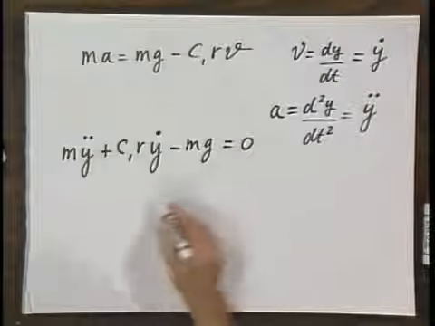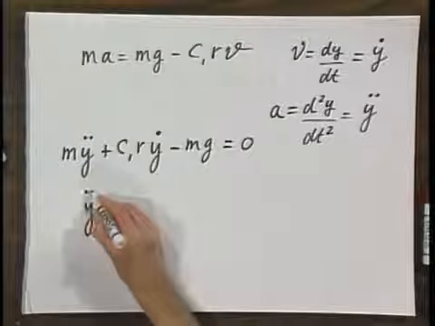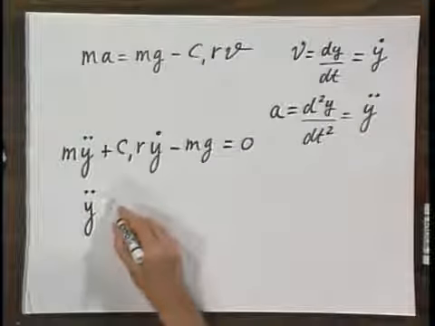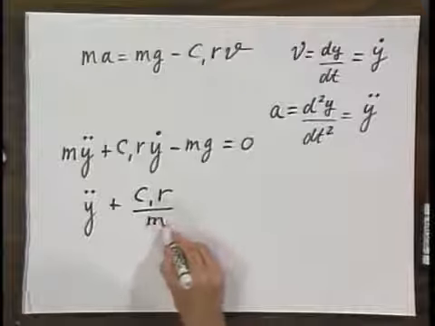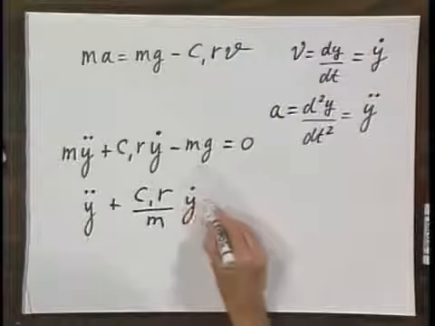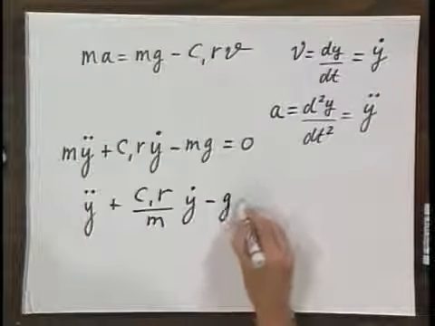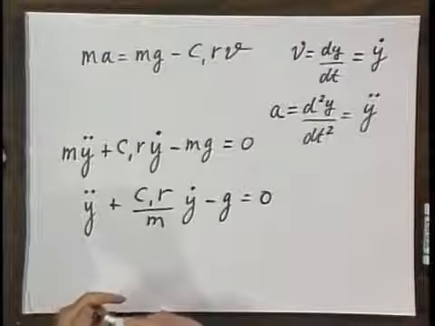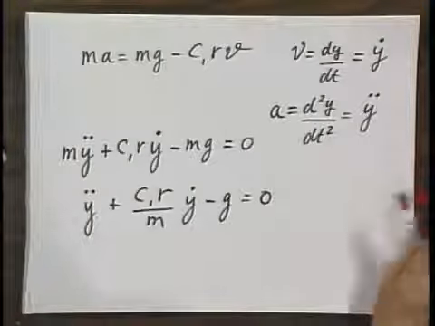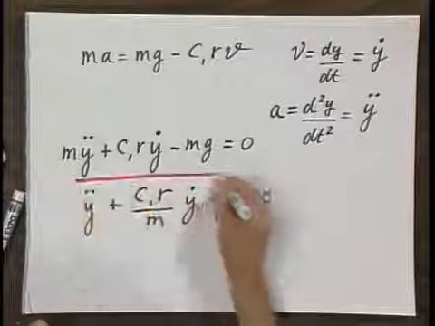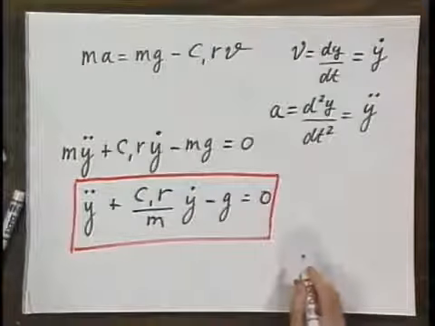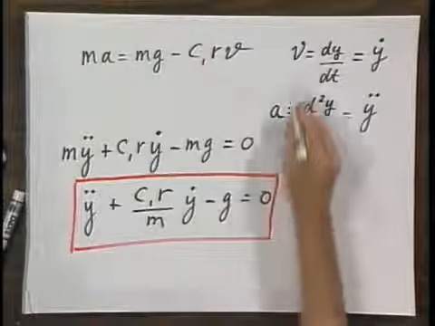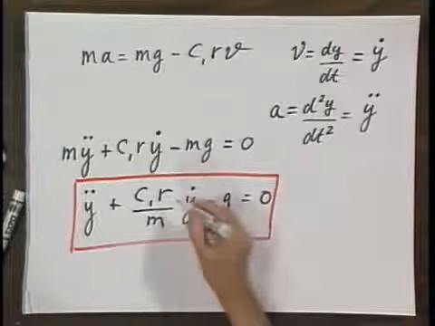I can divide by m, and then I get a differential equation: y double dot plus C1r divided by m times y dot minus g equals 0. This is a differential equation which holds the secret to how the velocity changes with time.